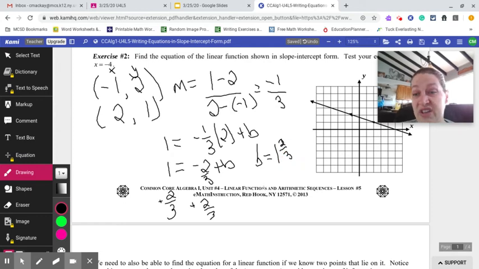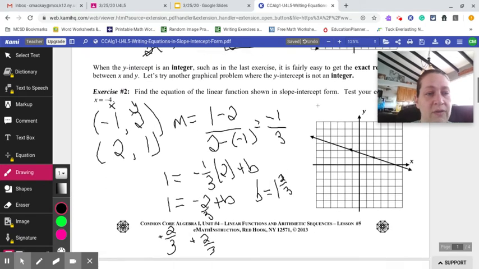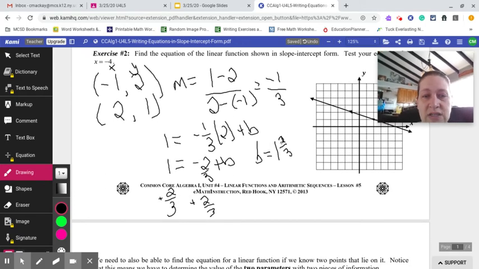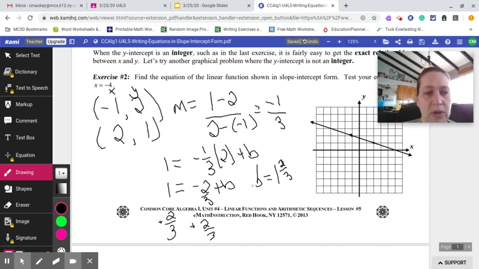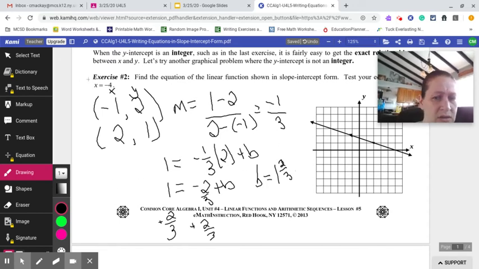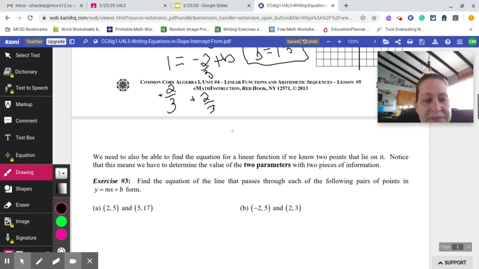Nobody likes fractions. Unfortunately, we have to leave it like that. So now we need to test our equation for x equals -4, and that's going to tell us where our y-intercept is. Oh, actually, we just figured out what our y-intercept is, so we can just leave it like that. We don't need to test it.